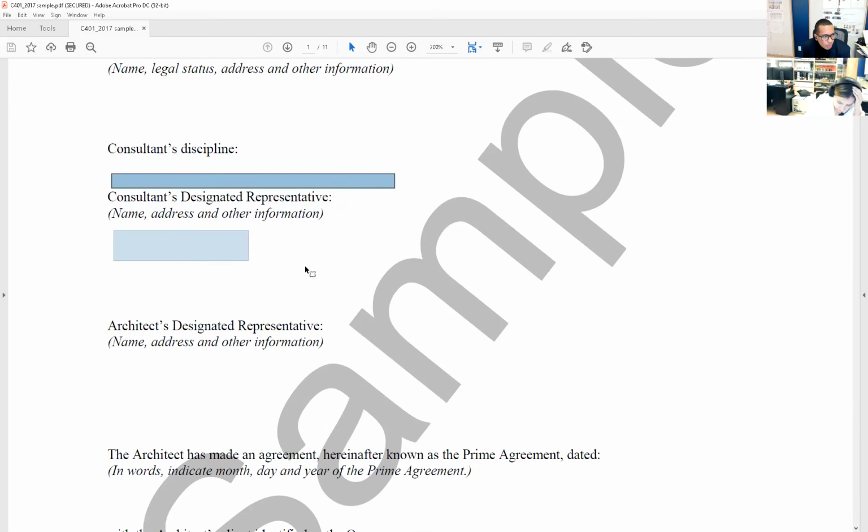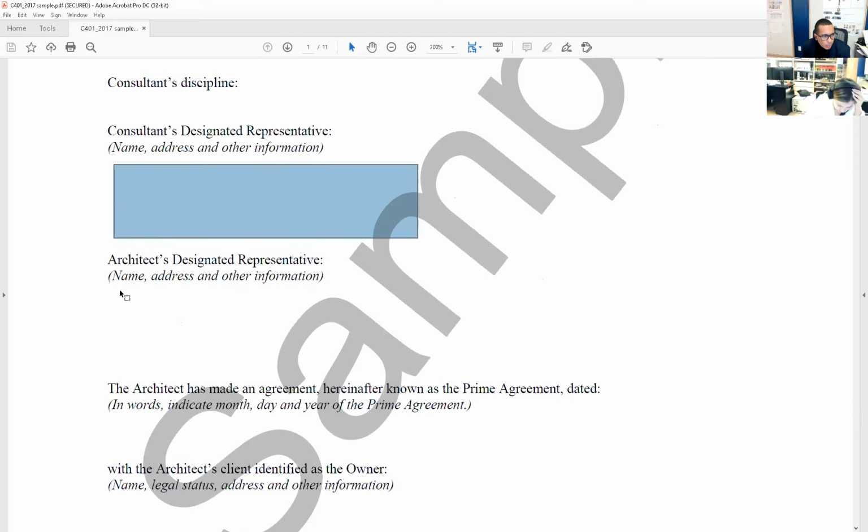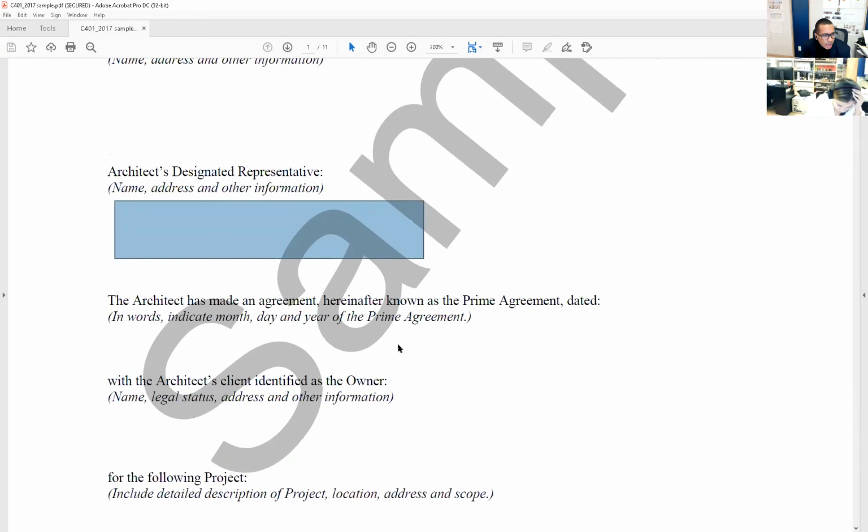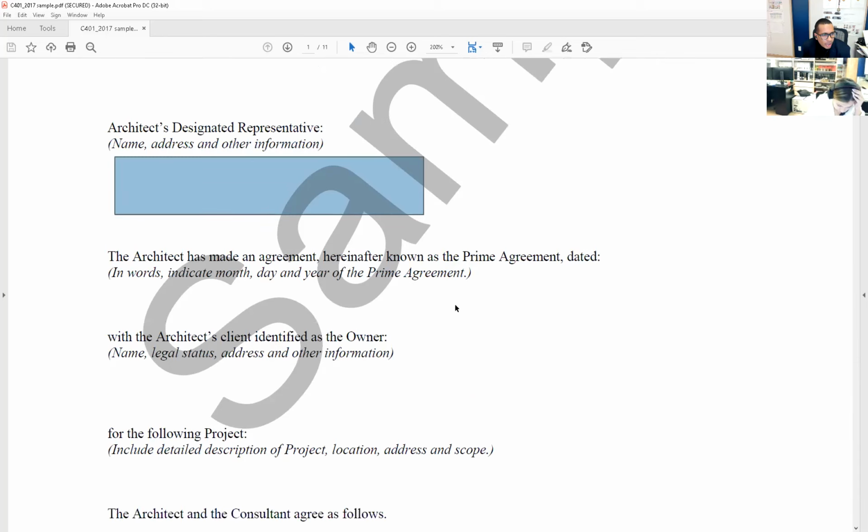Then here it says who the representative for the consultant is, who the representative for the architect is, and the B101 is referenced here, and it's being referenced as the prime agreement. Okay, so every time they talk about the prime, they're talking about the B101, right?